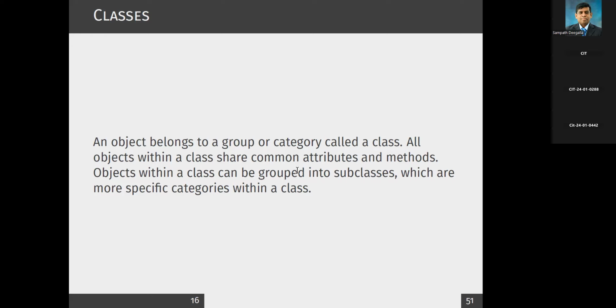Now, if you take the objects and group them into a category, we call it a class. All the objects within the class have common attributes and methods. The objects within the class can be grouped into subclasses, which are more specific categories within the class.